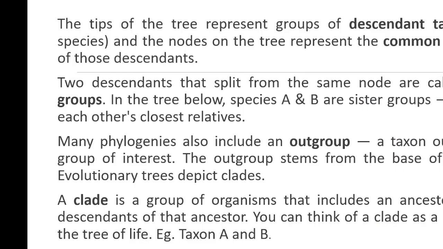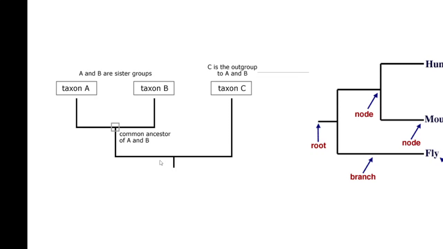Now what is shown here next? Many phylogenetic trees also include an outgroup, a taxon outside the group of interest. So the outgroup stems from the base of the tree. Here you can see that taxon A and taxon B, we normally call a sister group. Now what is the case of taxon C? Taxon C is not directly evolved from this common ancestor.